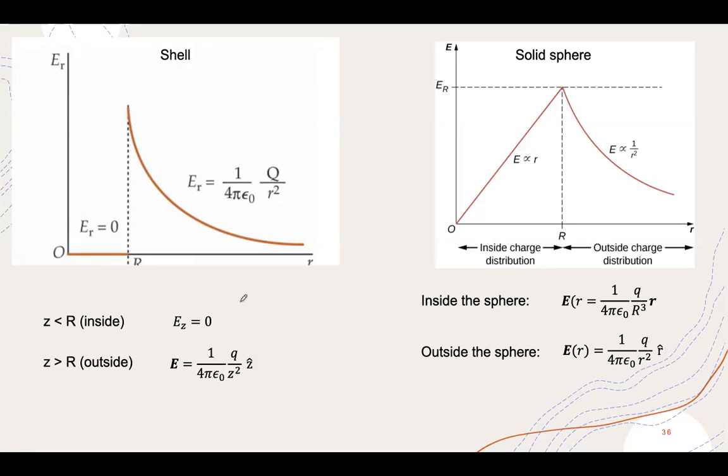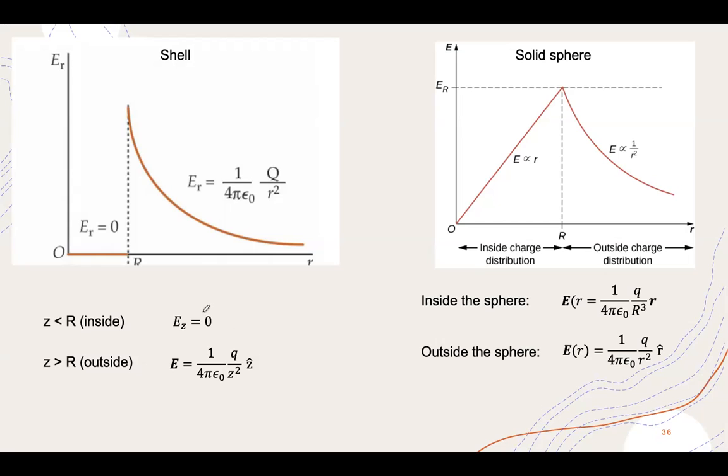So for the shell, you know that for Z less than R, the electric field is going to be 0. It simply shows that there is no electric charge inside the shell.